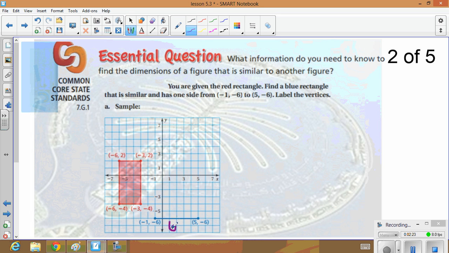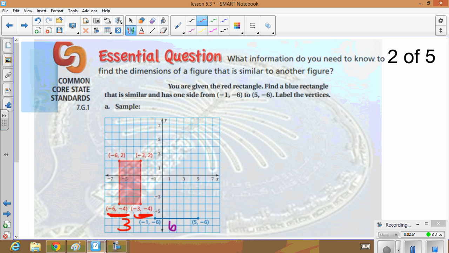All I need to figure out now is how tall the rectangle is. How wide is the red shape from -6, -4 to -3, -4? Again, we can count boxes: 1, 2, 3. So from left to right the distance is 3.